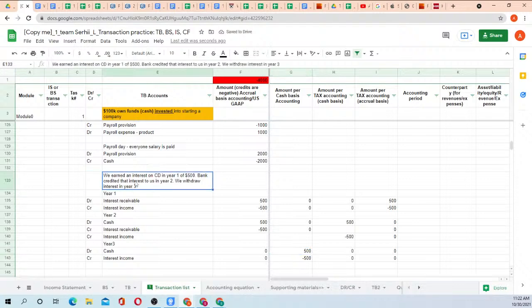So that's a bit complicated example, and it's not very real, but that is a way you can understand what's going on with the business and with cash basis, accrual basis, and taxes.